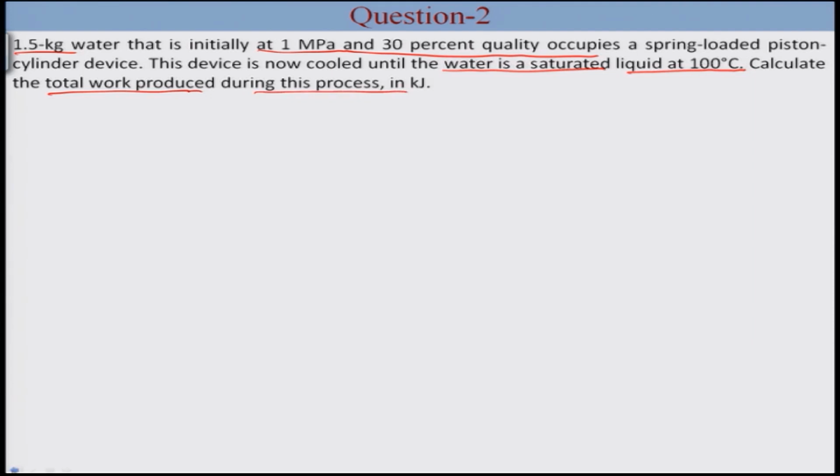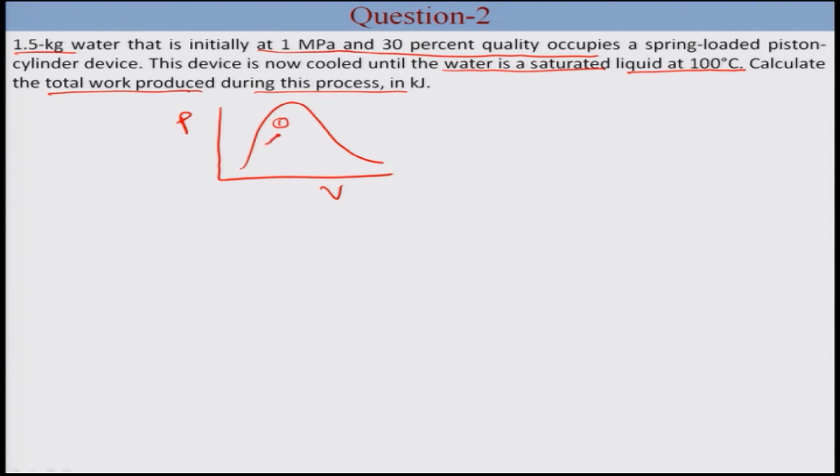So it is said that initially cylinder is filled with water vapor mixture having quality of 30%. So if we see this process on a PV diagram, initial state would be somewhere here because it is a mixture of water and vapor. So this state will be here, and now it is further cooled until that water is saturated.